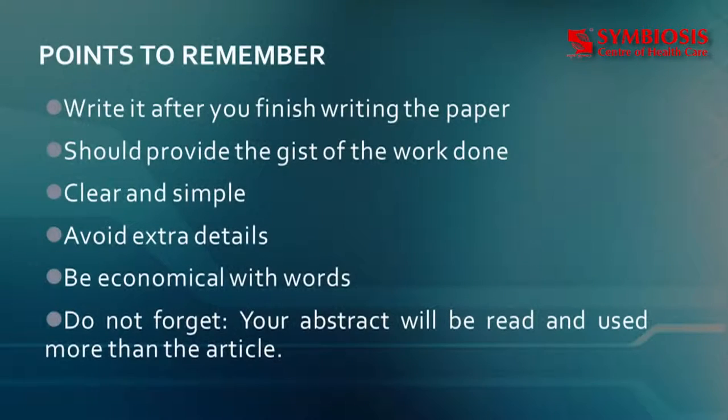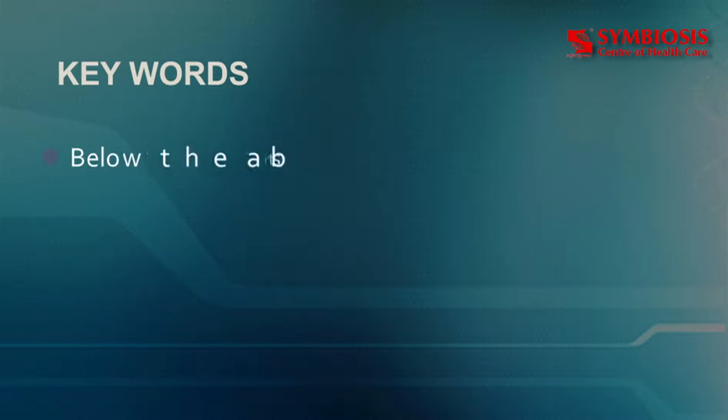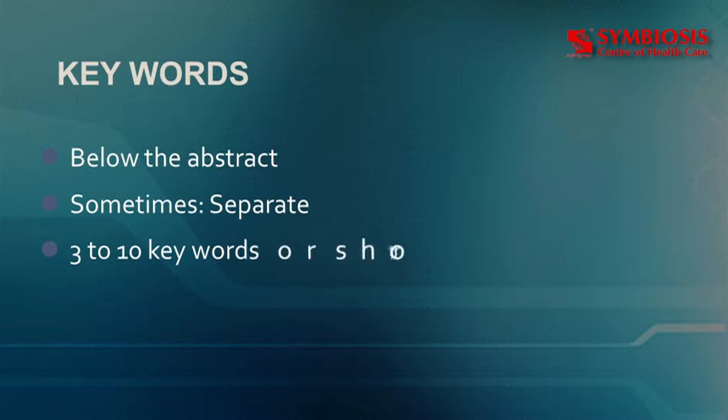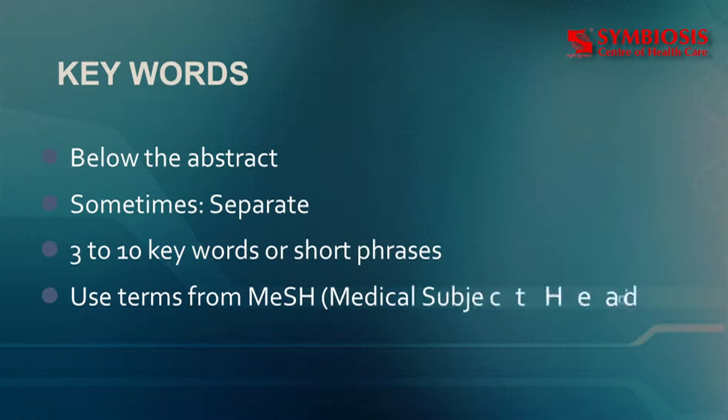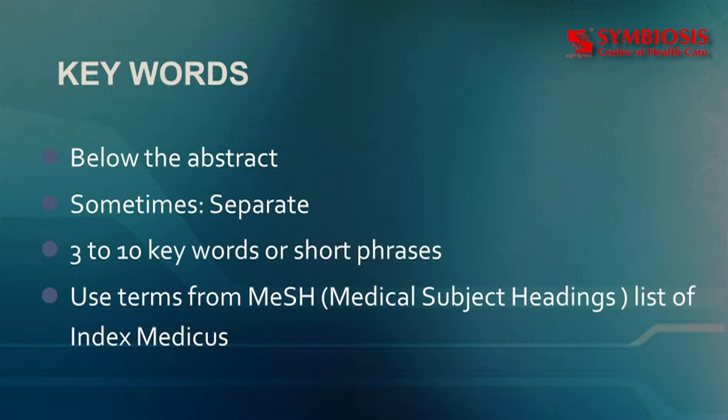Now, at the bottom of the abstract we also need to provide keywords. Sometimes some journals request a separate set of keywords, but 3 to 10 keywords or short phrases are required for indexing purposes, and these keywords should be the key messages emerging from your theme.